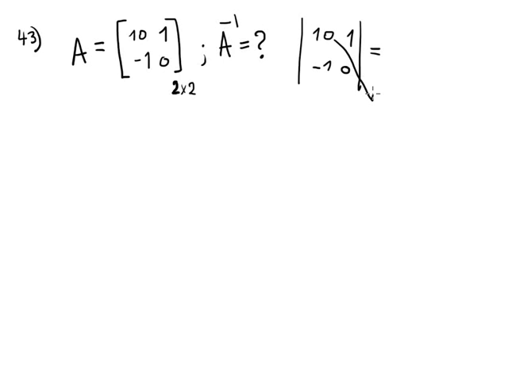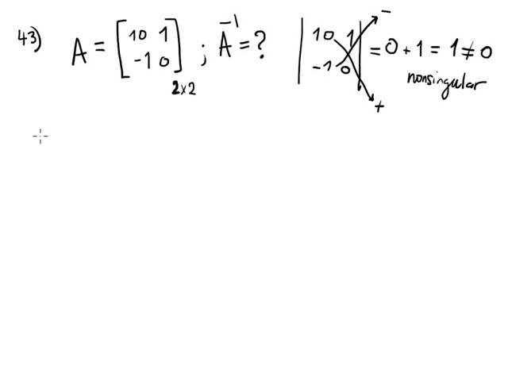It's the multiplication of this and this, plus, and the multiplication of this and this, minus. This is 0, and -1 and +1, double negative plus 1. The answer is 1, different to 0. The matrix is non-singular, and the inverse matrix exists.